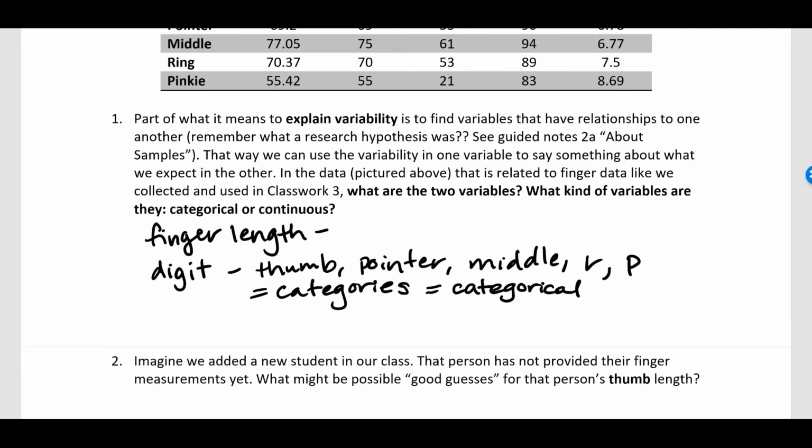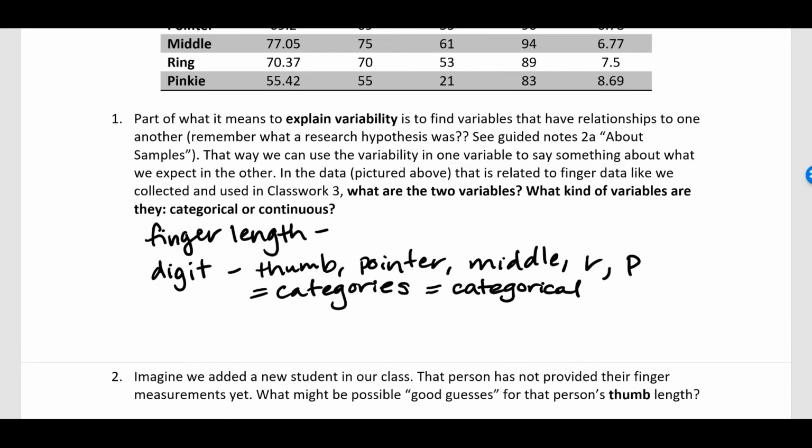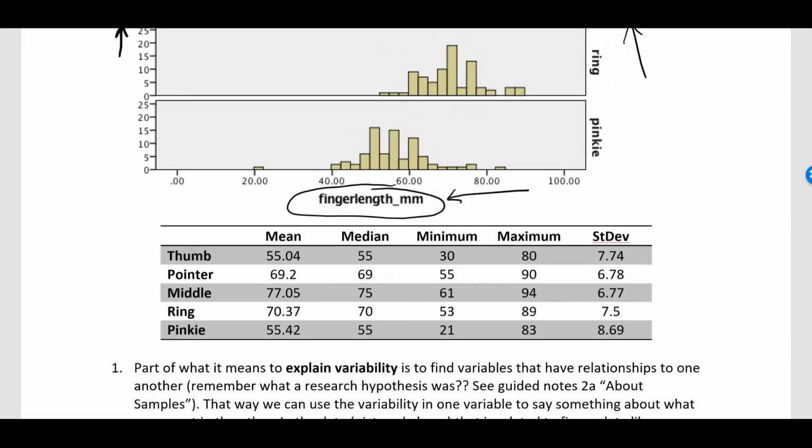Now finger length, if we consider looking back up at our histogram, now keep in mind when we're doing a histogram, what kind of data is always being displayed? Well, it's ranges of numbers, right? If we're looking at a histogram, we're always looking at frequencies as related to some continuous variable.